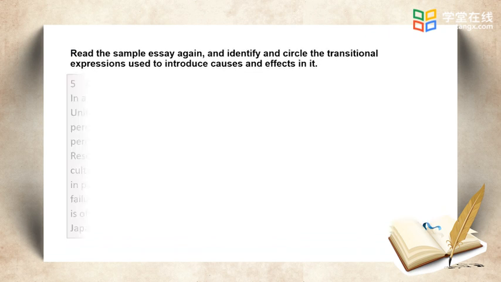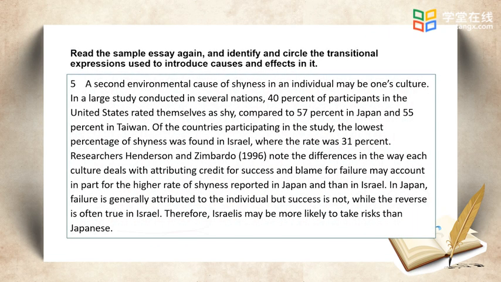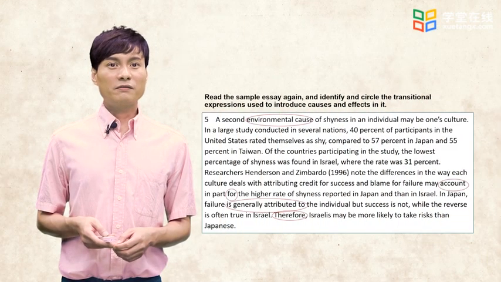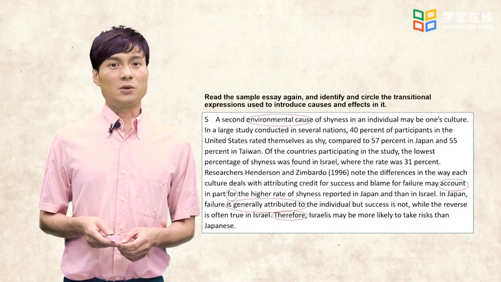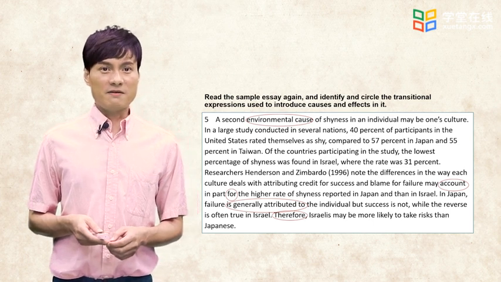Here in paragraph 5, we see environmental cause again, and we find two verb phrases, account for and is attributed to. Both phrases introduce effects and causes at the same time. Account for goes after the cause and is followed by the effect.